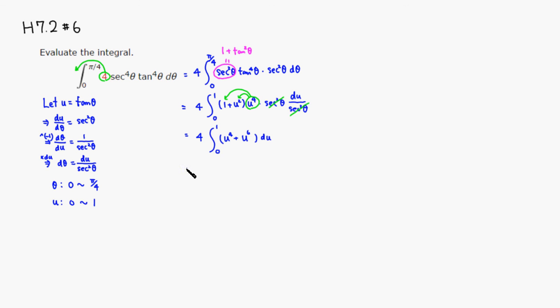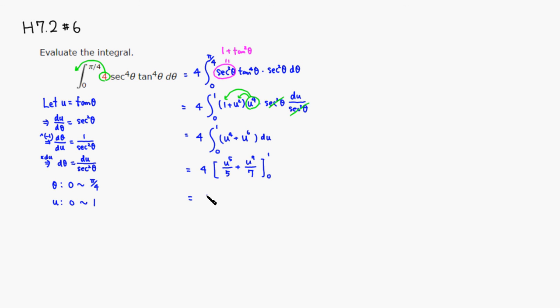Then this is equal to 4 times the antiderivative. This is just the power rule: u to the 5th power over 5 plus u to the 7th power over 7, from 0 to 1.